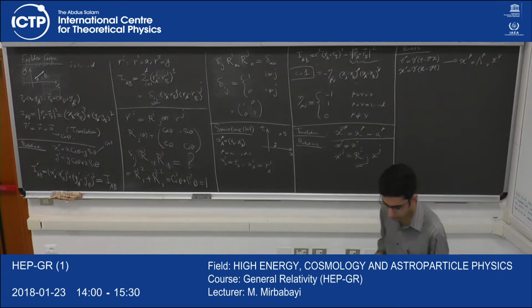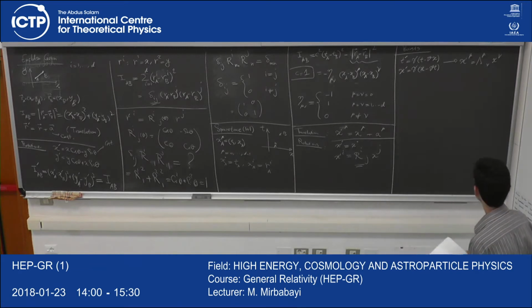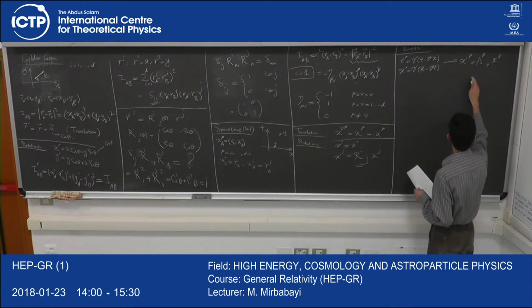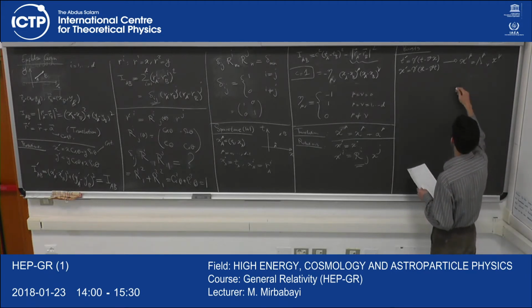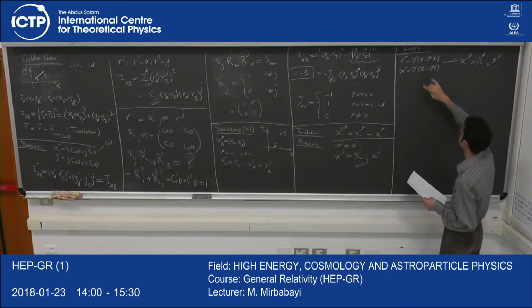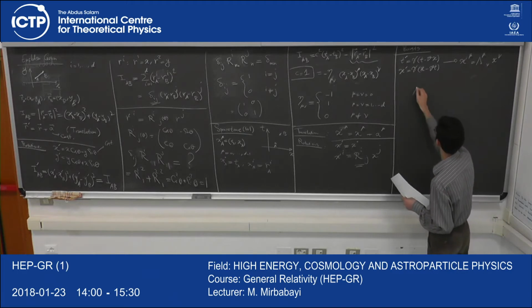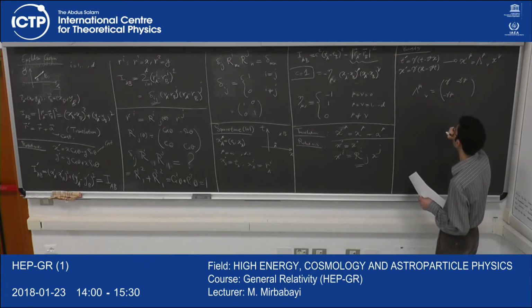So we want to determine what the components of this lambda are. And if I compare this with these transformations, then we get the following expression: lambda mu nu is equal to gamma, minus gamma v, minus gamma v, and gamma.